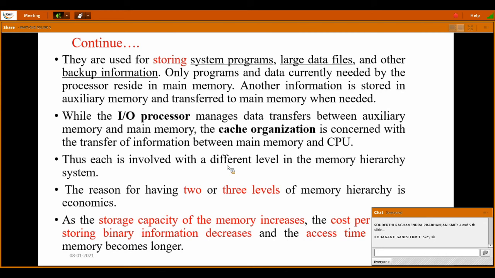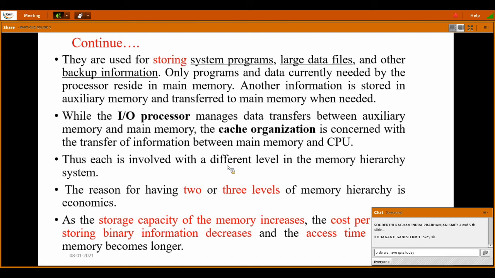Cache organization is concerned with the transfer of information between the main memory and the CPU. Thus each is involved with a different level in the memory hierarchy system. The reason for having two or three levels of memory hierarchy is economics.